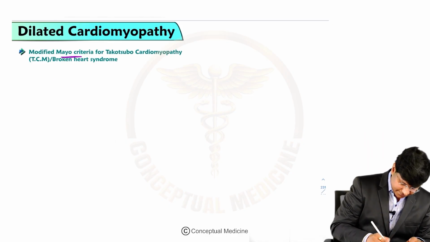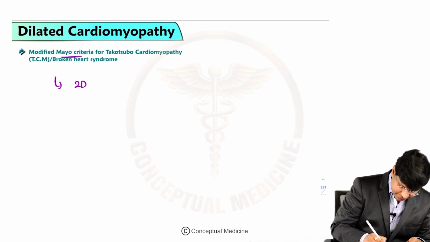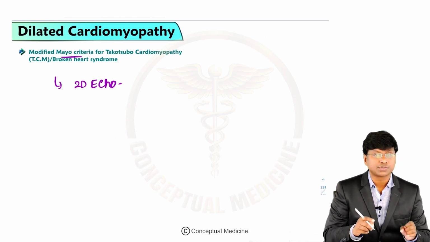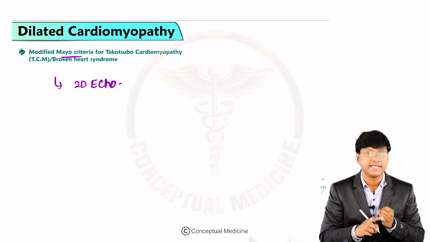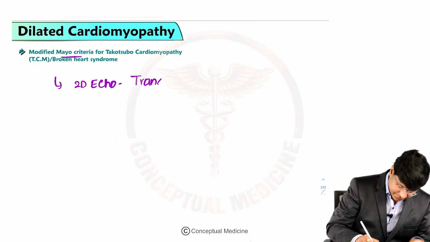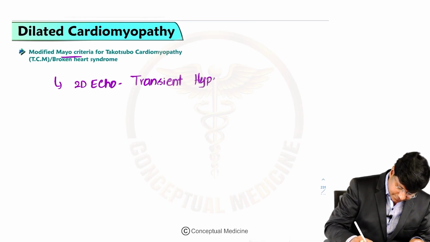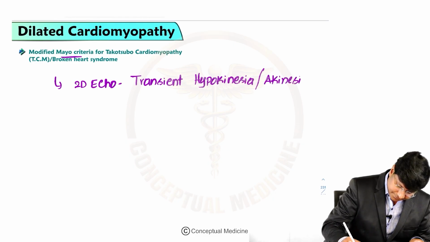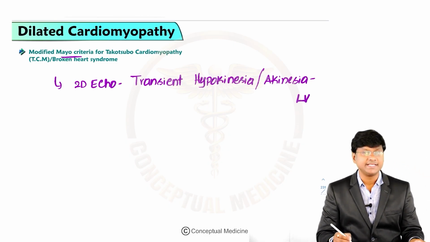Number 1, the 2D echo shows transient hypokinesia or akinesia of the left ventricle.